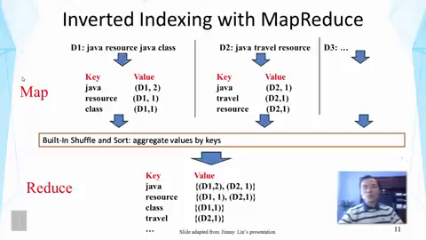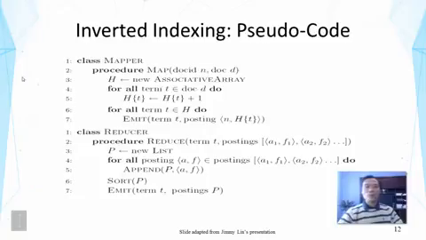So now you can see the reduce function has already got input that looks like an inverted index entry, right? So it's just the word and all the documents that contain the word and the frequencies of the word in those documents. So all it needs to do is simply to concatenate them into a continuous chunk of data, and this can then be written into a file system. So basically the reduce function is going to do very minimum work.